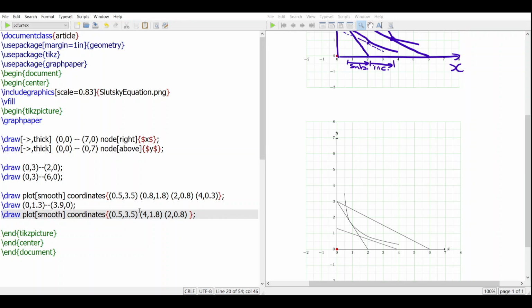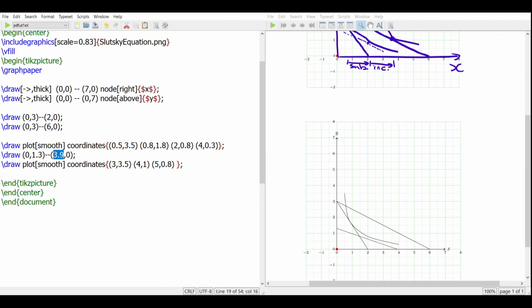Let's see. And here we want to go up a little bit more, maybe 4, I guess. And if you have 4, you need to divide it by 3. It's 1.333. So let's see if this can help a bit.